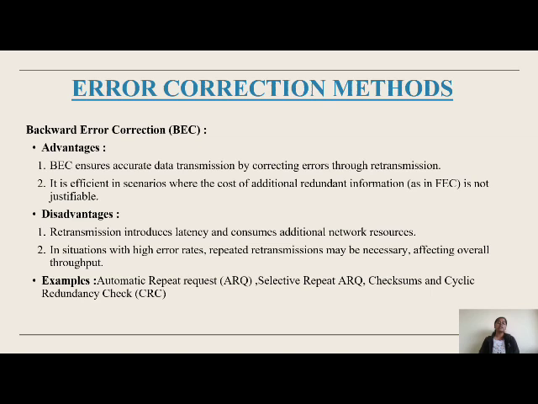In situations with high error rate, repeated retransmissions may be necessary, affecting overall throughput. Examples are automatic repeat request, selective repeat ARQ, checksums, and cyclic redundancy check.